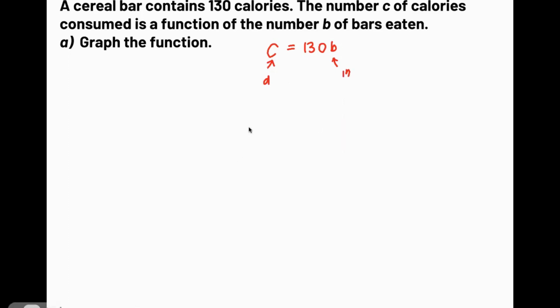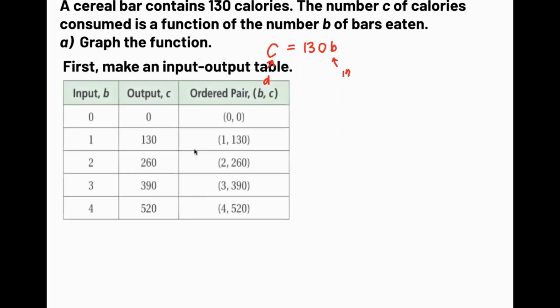So now that we found our function, we can go ahead and make an input-output table and find all our ordered pairs. So for our first input, I'm going to input 0, and that would be 130 times 0, which would just be 0, 0.